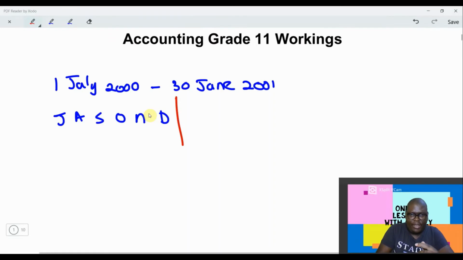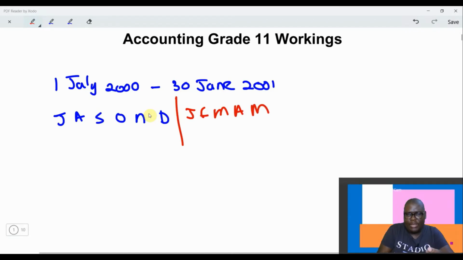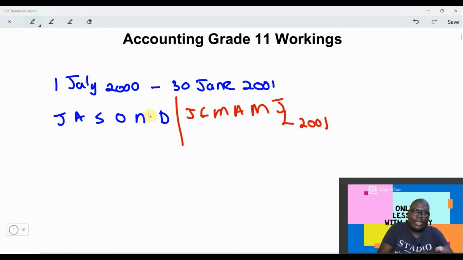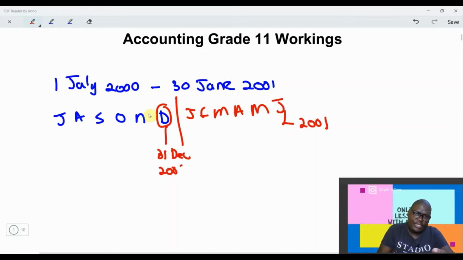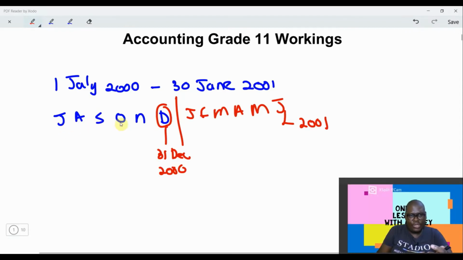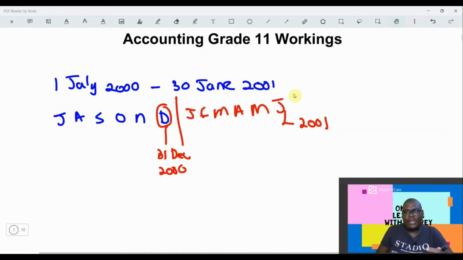So we're going to have December, and then it's January, February, March, April, May, June, and then this is June 2001, and then this here is 31 December 2000. So if you check from here to here, from July to December, it's 6 months, because it's 1, 2, 3, 4, 5, 6. So this means that we've had that particular vehicle for 6 months.